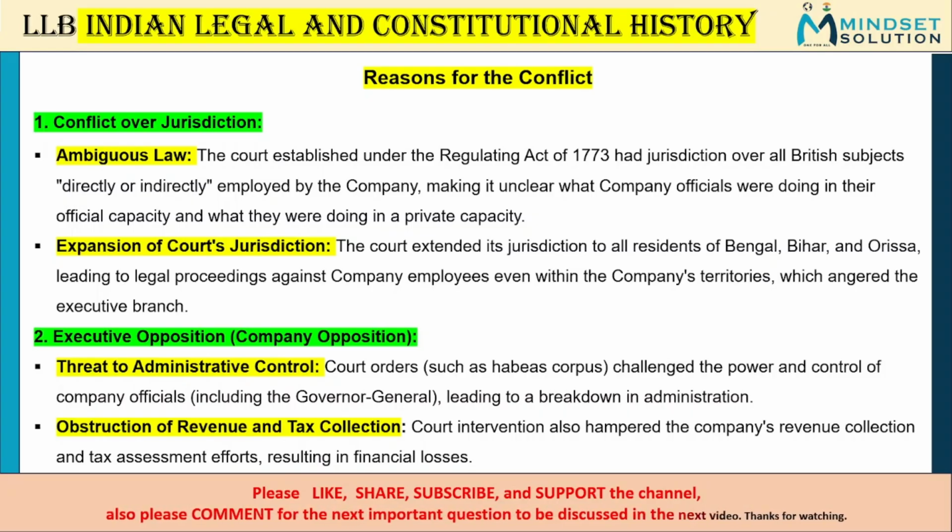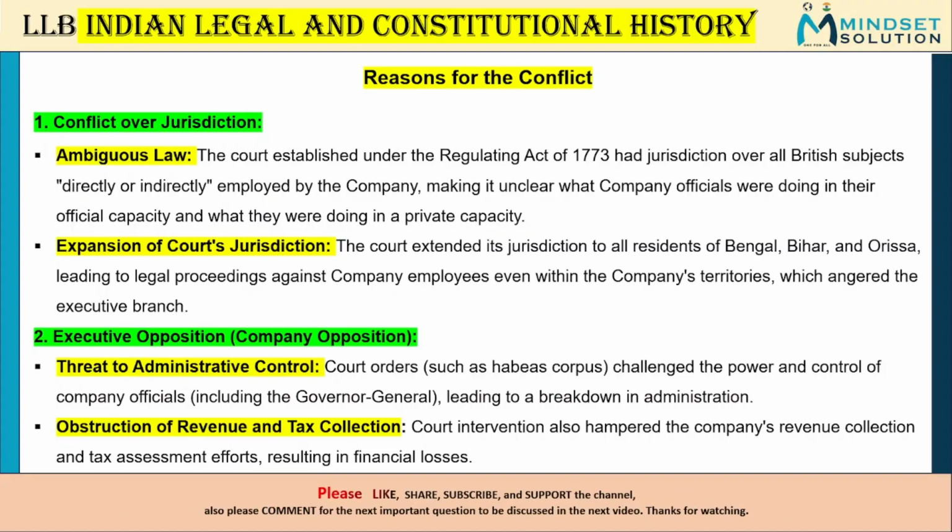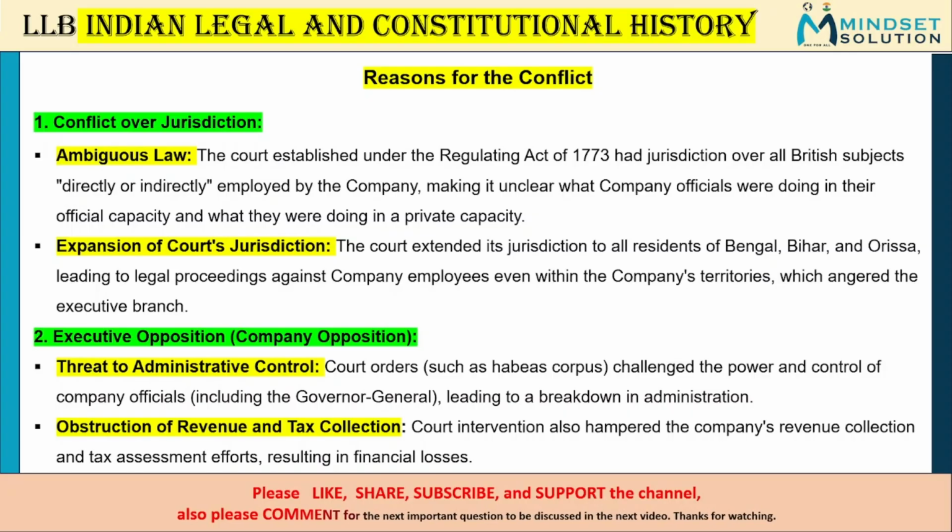Next point is expansion of court jurisdiction. The court extended its jurisdiction to all residents of Bengal, Bihar, and Odisha, leading to legal proceedings against company employees even within the company territory, which angered the executive branch.